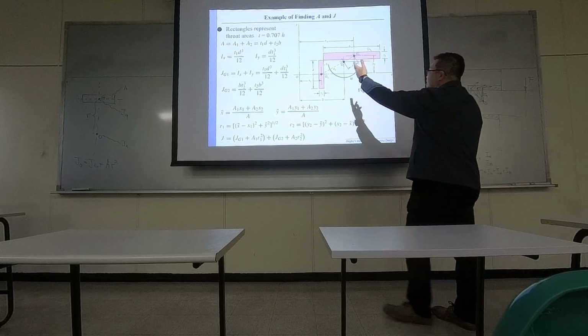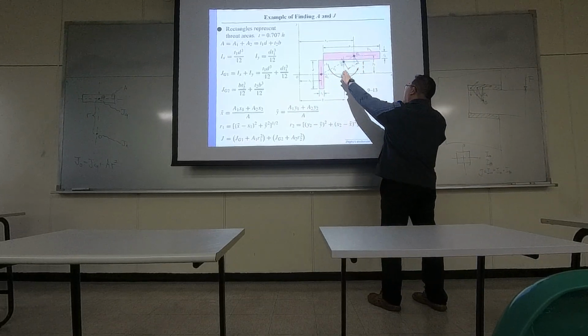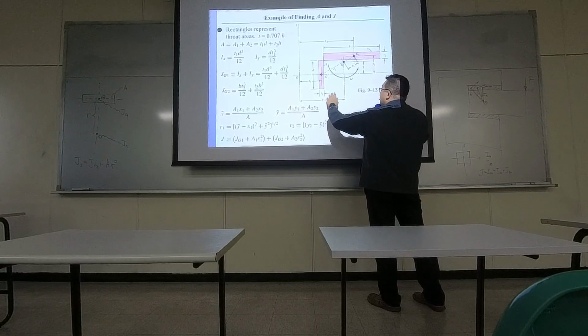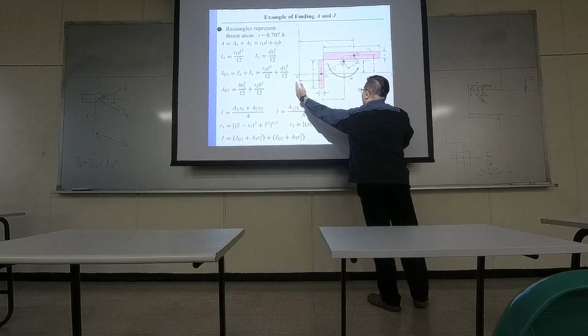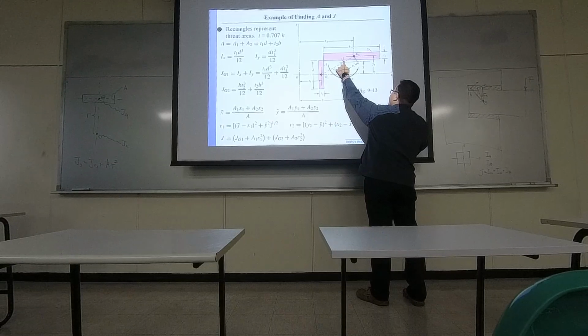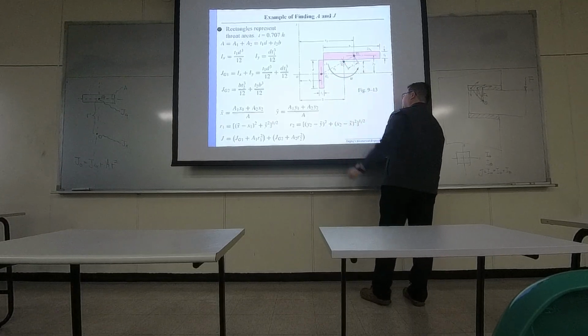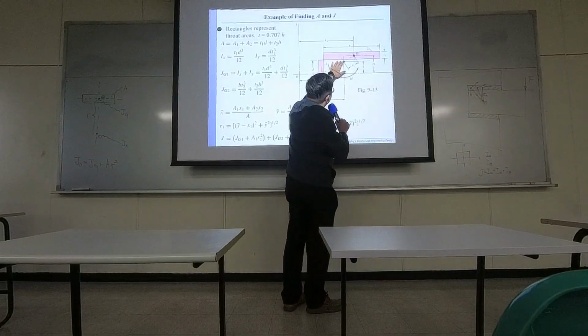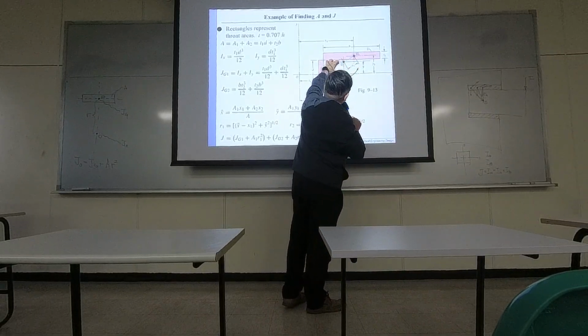So by balance of moment, you found X bar, the X component of this G position. And you do the same thing along the Y direction, then you find Y bar right here.